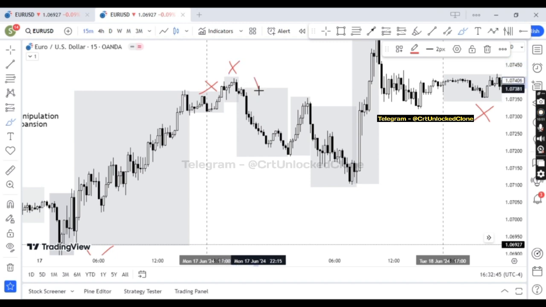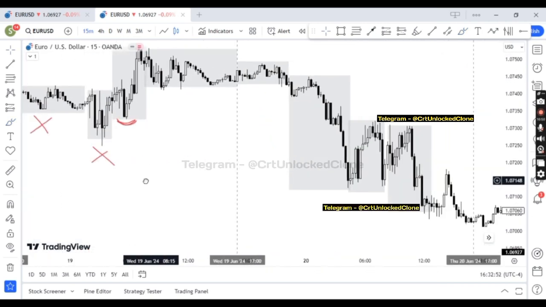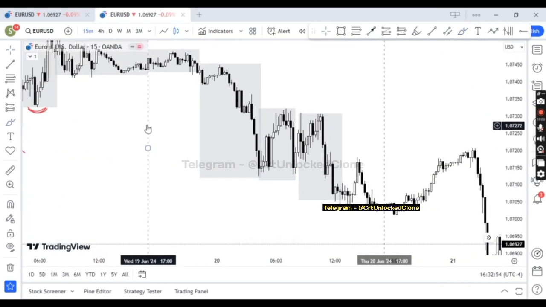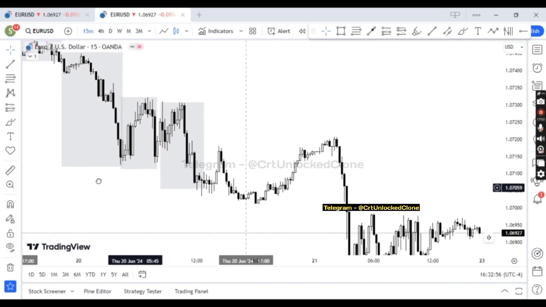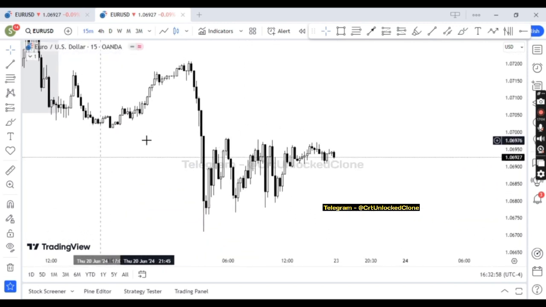Only traded the expansion profile and the reversal profile from here, right? This is how you use market profiles with opening times to expect certain expansions or to avoid certain market conditions or certain market profiles based on past market profiles, right?